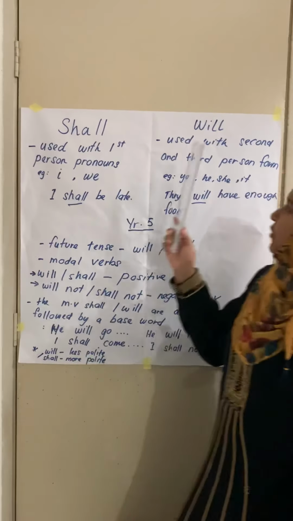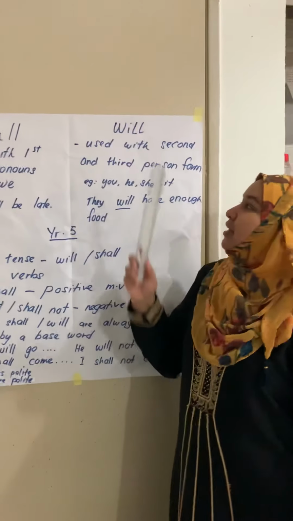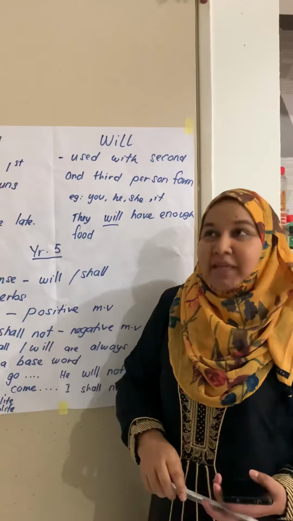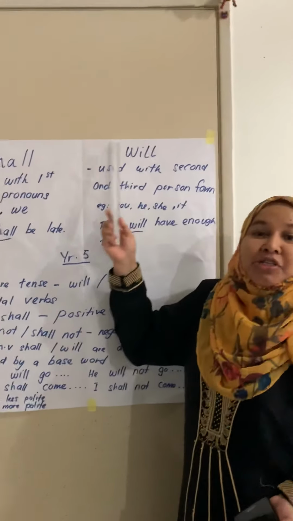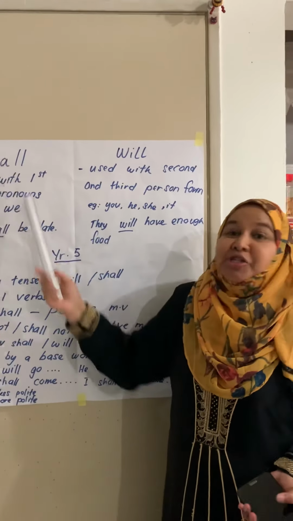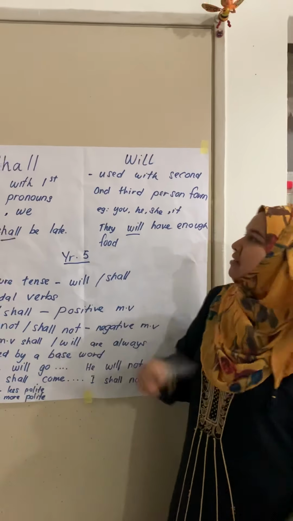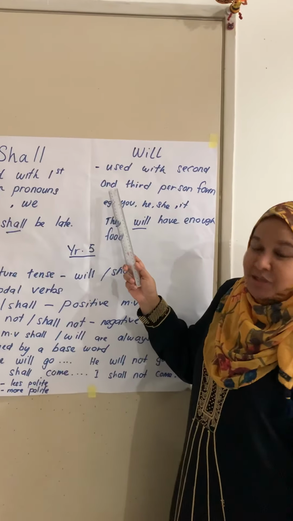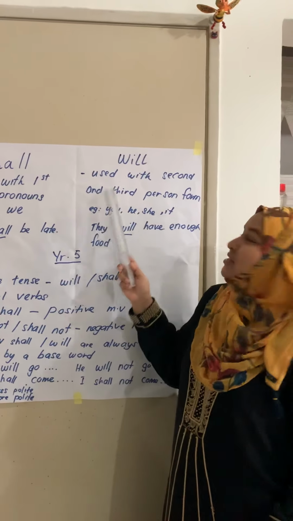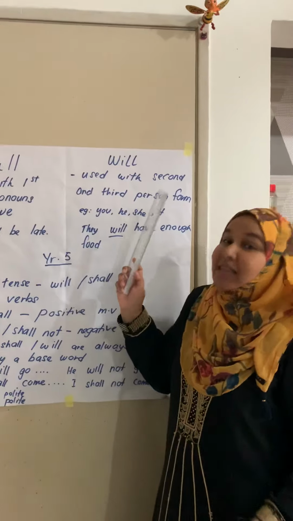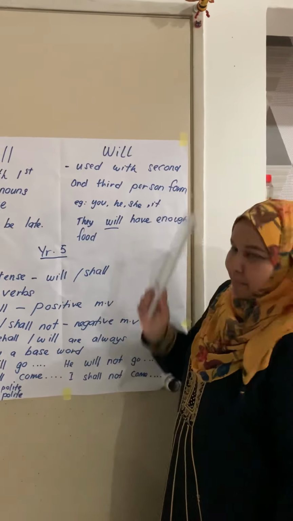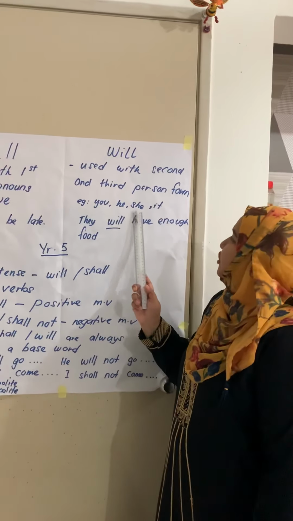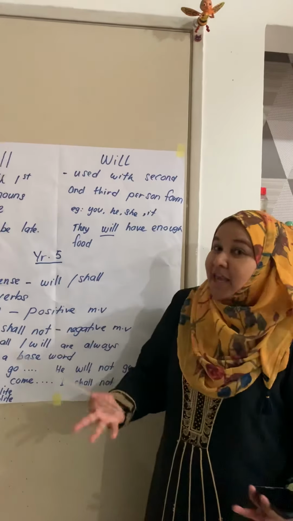Now look at will. Will is different compared to shall because normally we use will more than shall. But why? Because shall is used with first person, while will we use with second and third person forms, for example, you, he, she, it, they.